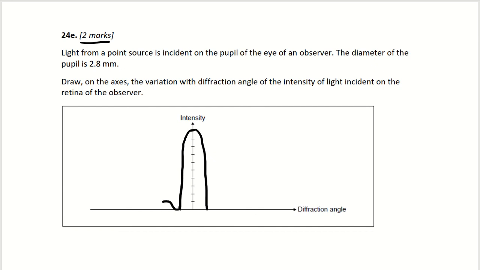And there's something else to pay attention to, which is the width of the maximum. The central max should be double the width of these side ones. So the first mark goes for this one. The second mark is for the intensity, so this one is only 10% of this.